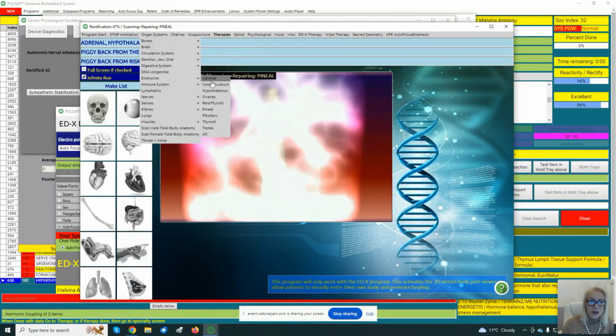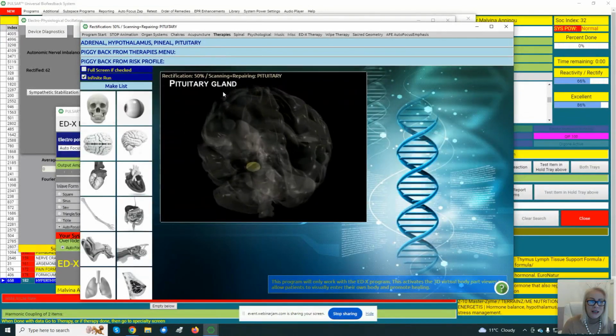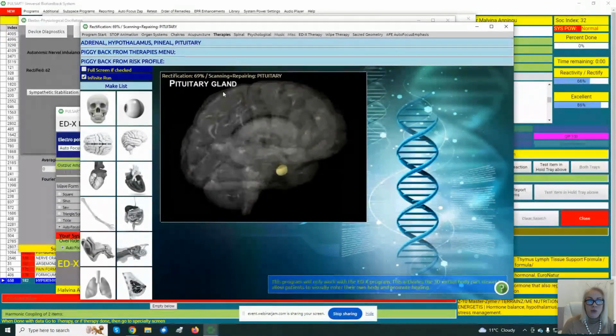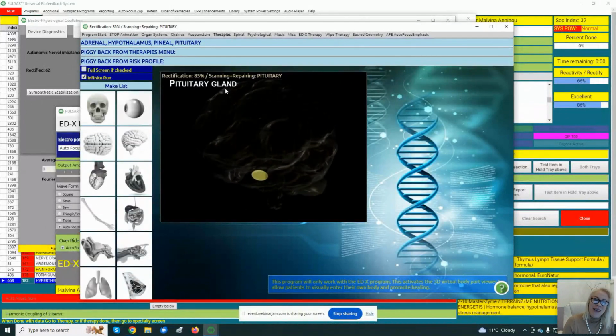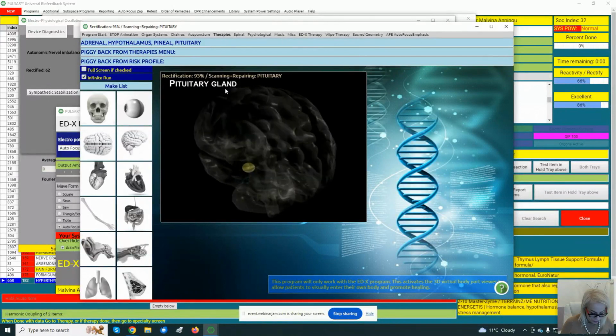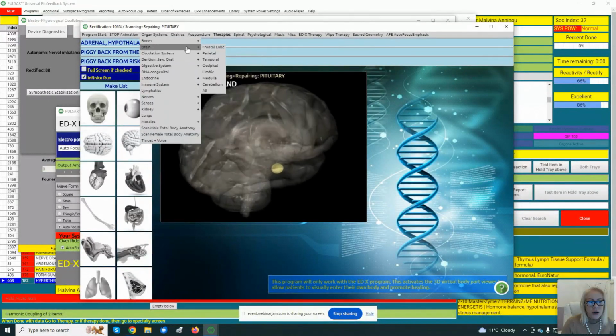Okay, the pituitary activates the ACTH, okay, which will then activate the cortisol in the adrenals. Everything is a chain reaction in our body. So these are very important to do.